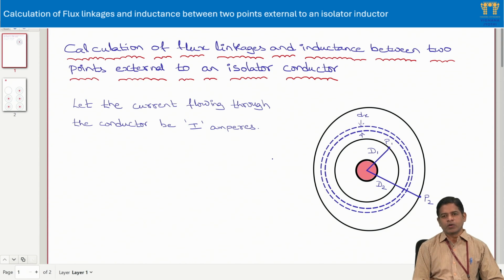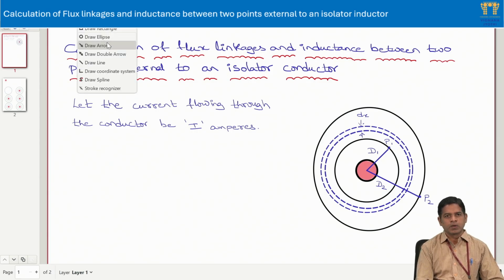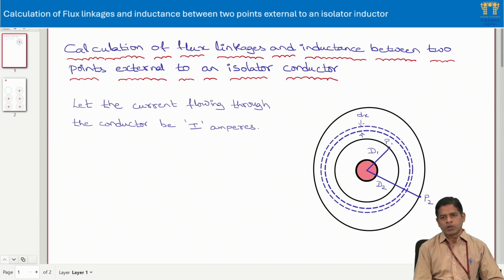Now, if I want a point from the center of this conductor onto the verge of this tubular element, so let this point be at a distance x meters from the center of the conductor.